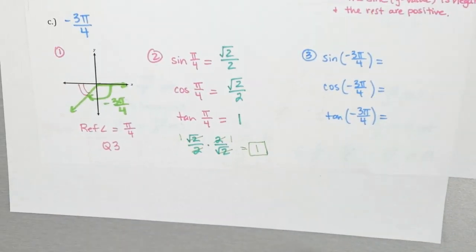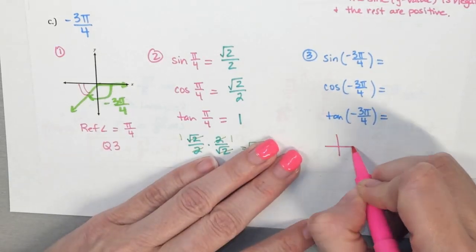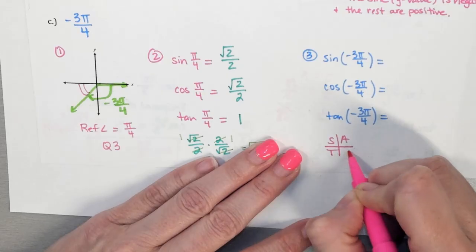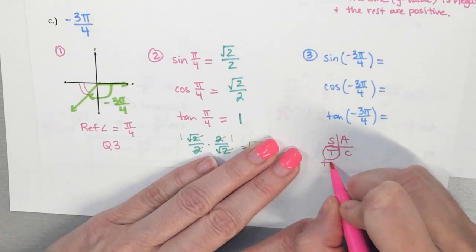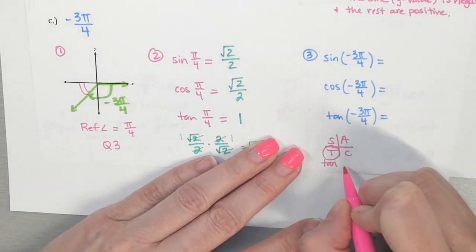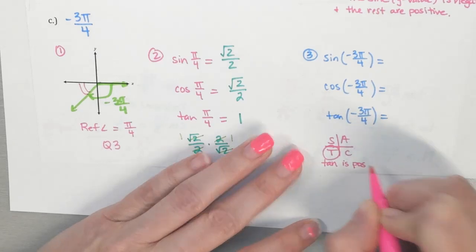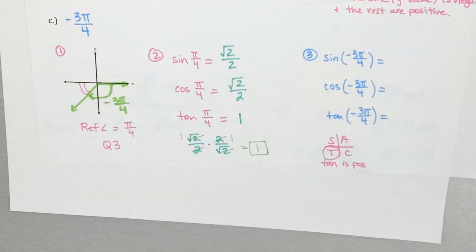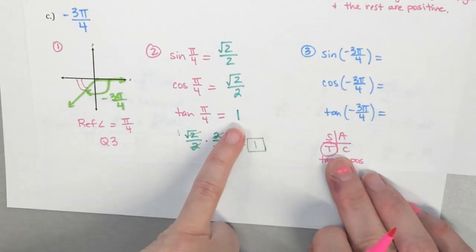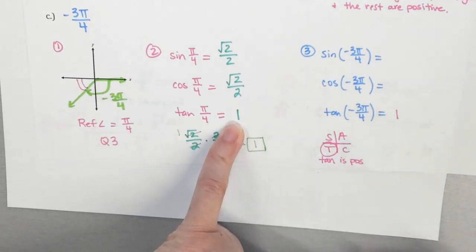All right, now we're going to make the adjustment. So if it's in quadrant 3, we think all students take classes. So the t means the tangent is what? Positive. Okay, so all the rest are negative. So if the tan is positive, if it's 1 here, this is going to be 1.